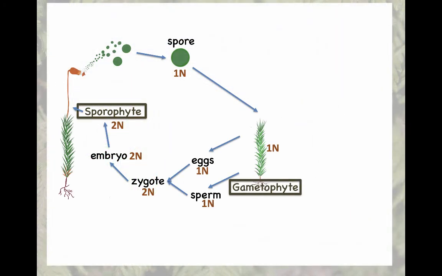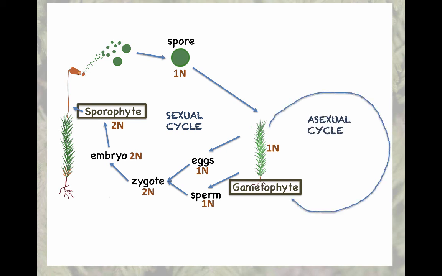Okay, so here's our life cycle. So this is called the sexual cycle, right? So there's eggs and sperm and all that kind of stuff happening. But bryophytes are aces at another kind of reproduction, asexual reproduction. So asexual reproduction just means it's a cloning of the gametophyte.